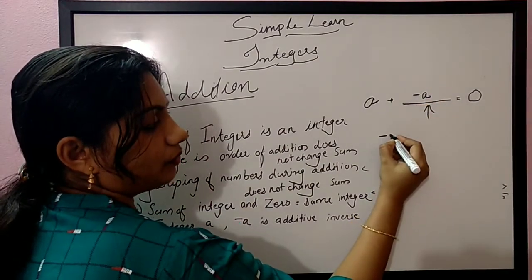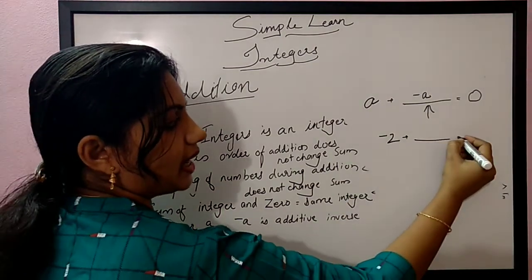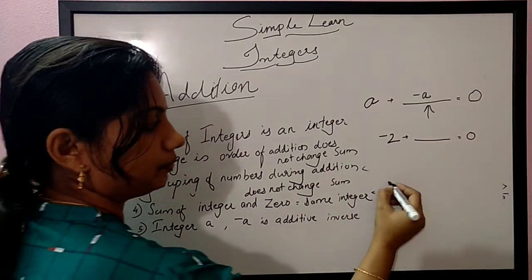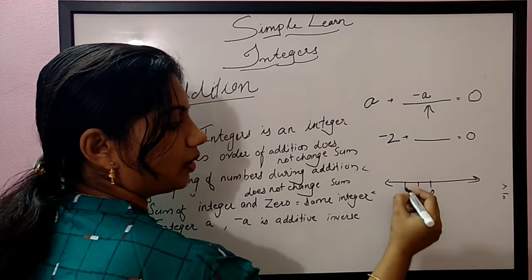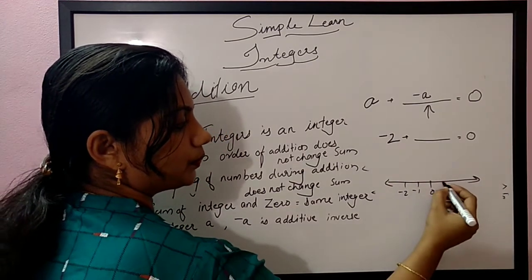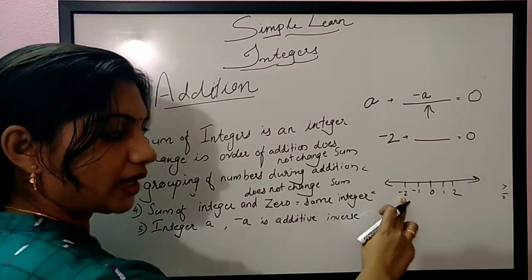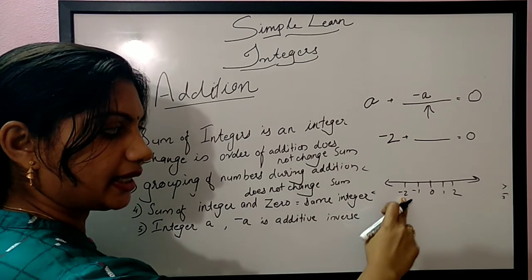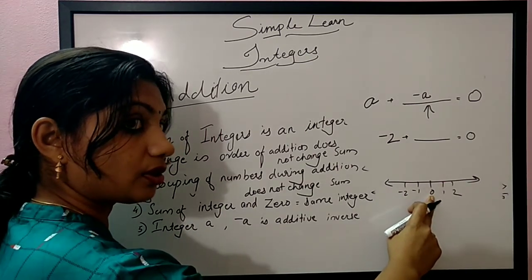Take an example of negative 2. Negative 2 plus dash is equal to 0. In your number line, 0, 1, 2. Right? From negative 2 I should get 0.